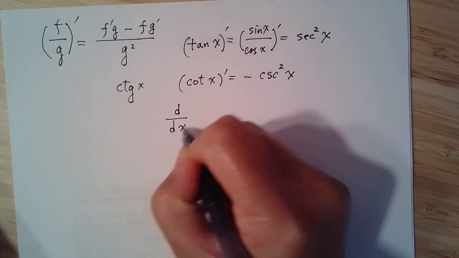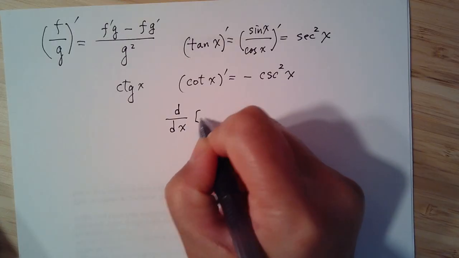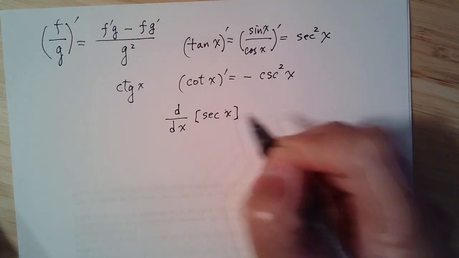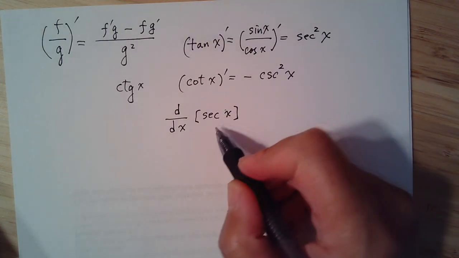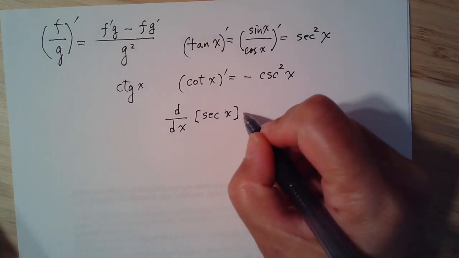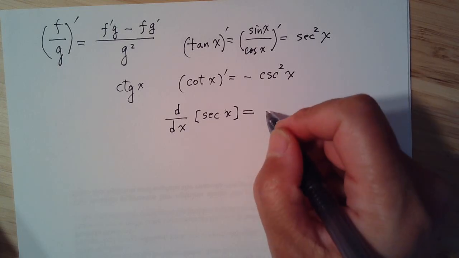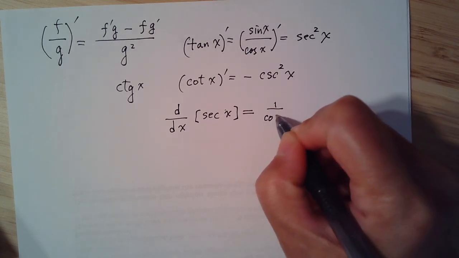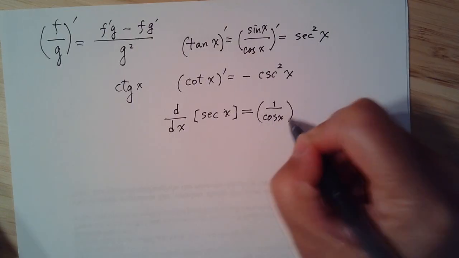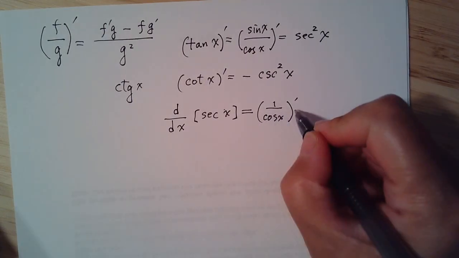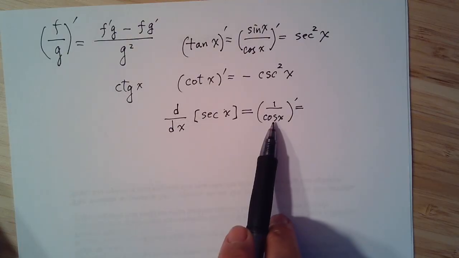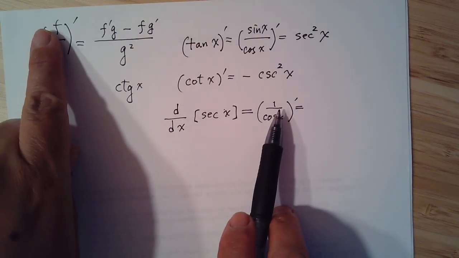What about if you take secant x? Secant x is 1 over cosine, right? So you can take the derivative of 1 over cosine x, where you take cosine as the g and 1 is the top f.